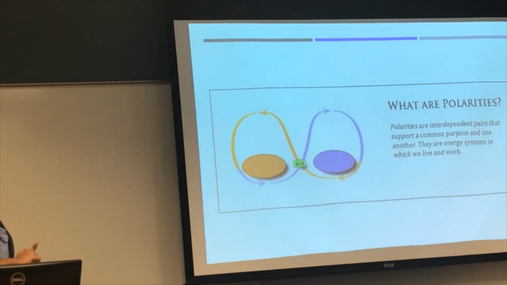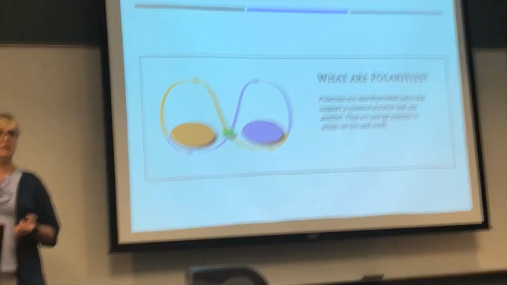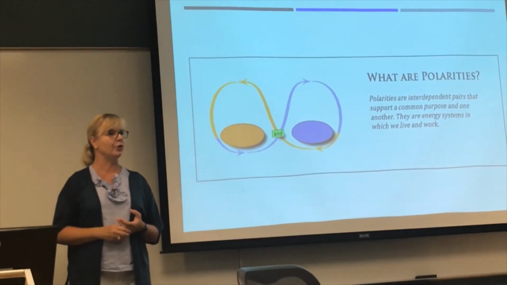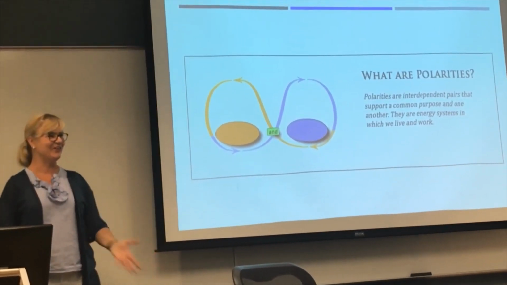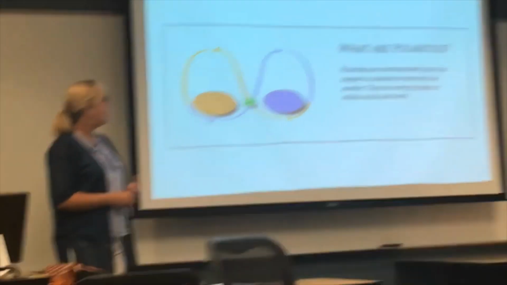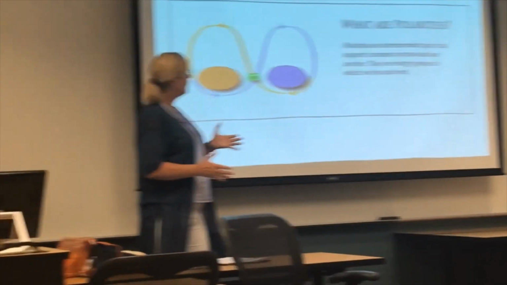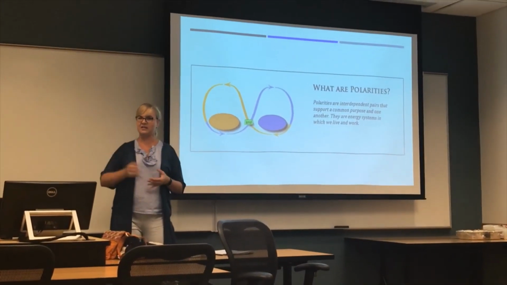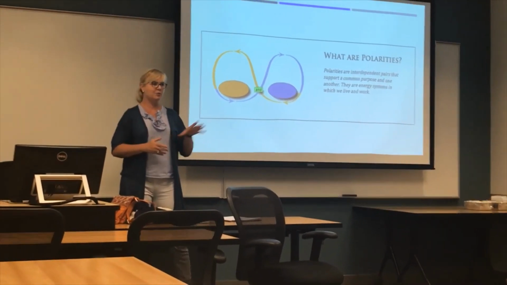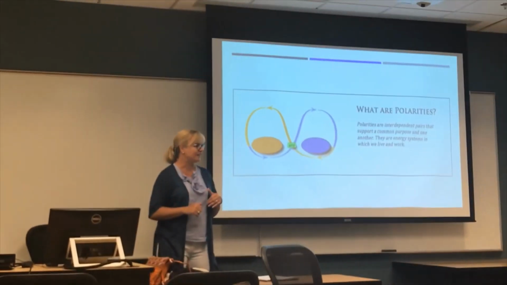So what I realized after a while is that this whole trying the either or is absolutely not going to work. And I started to put things out scattered all over to see patterns. But what happened to me is after I started to see patterns, polarities came into view. And polarity really is the interdependent pairs that support a common purpose. And I love the exercise that we did this morning, because polarity at its simplest example is inhaling and exhaling.